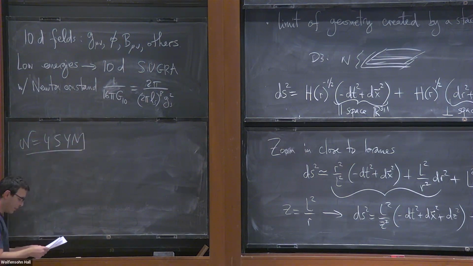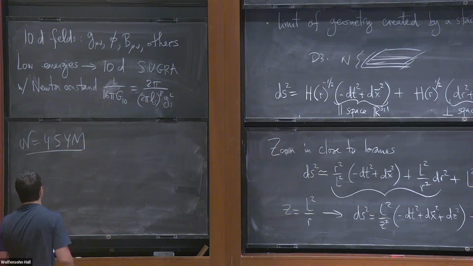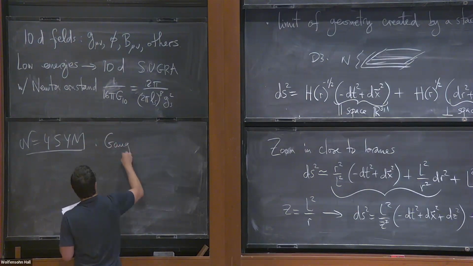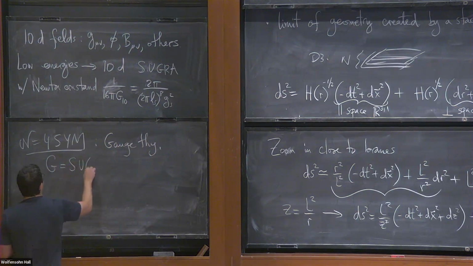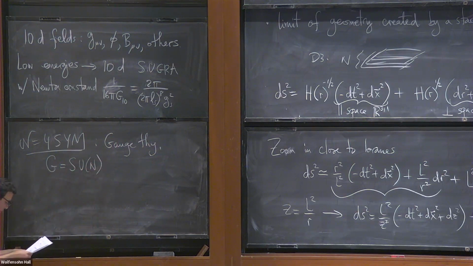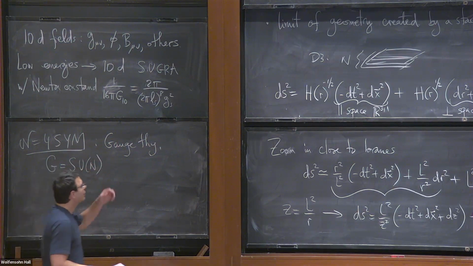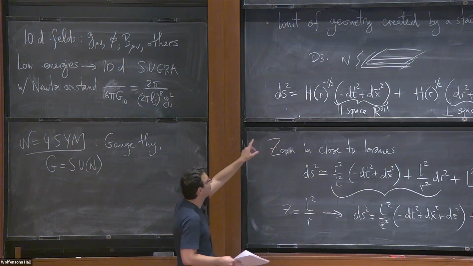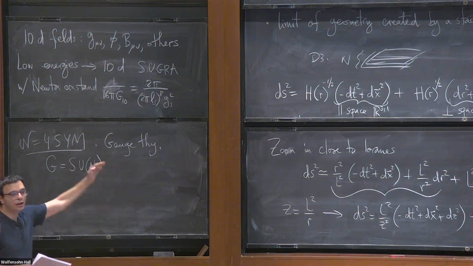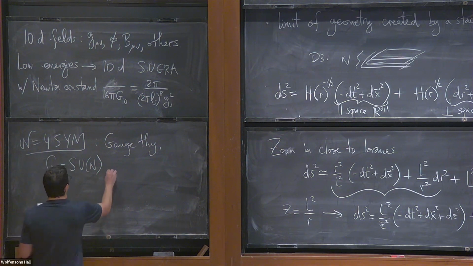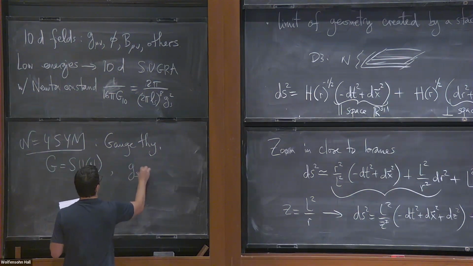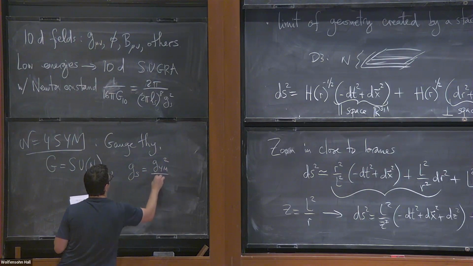I'm not going to describe in detail what it is, but it's a gauge theory. We can take the gauge group to be SU(N). And the way it appears in this picture with the D3 branes is that we can have open strings starting and ending on the D3 branes. And N=4 super Yang-Mills is the theory at low energies that's described by these open strings. And that relation gives that the string coupling is g_YM squared over 4 pi.